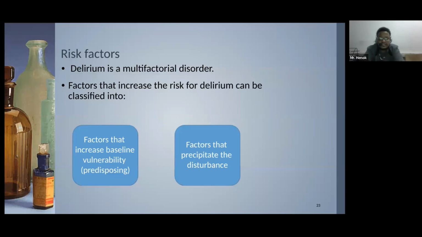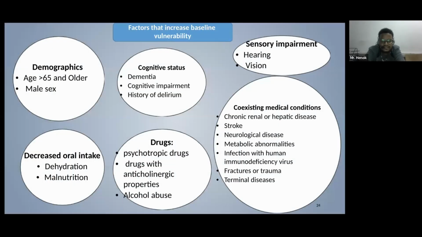When we look at the predisposing factors, or factors that increase baseline vulnerability, the first one is demographics. As I said earlier, older age, especially age greater than 65, is associated with a high risk of delirium, and male sex. And then the cognitive status of the individual.